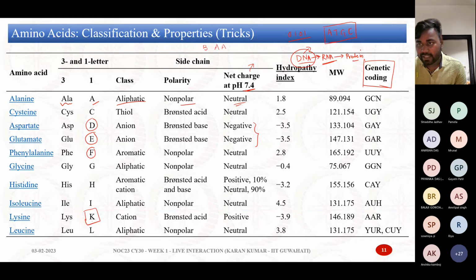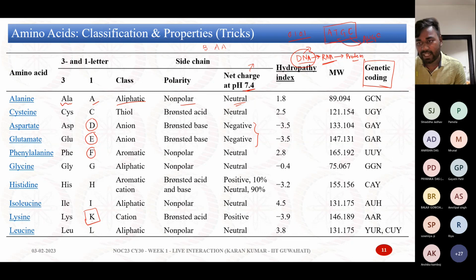Now when this ATGC information is passed on to RNA, RNA takes this as a message, and it reads this ATGC as AUGC, where T is replaced with U, which is uracil, in place of thymine in the RNA strand. These two are the nucleic acids.